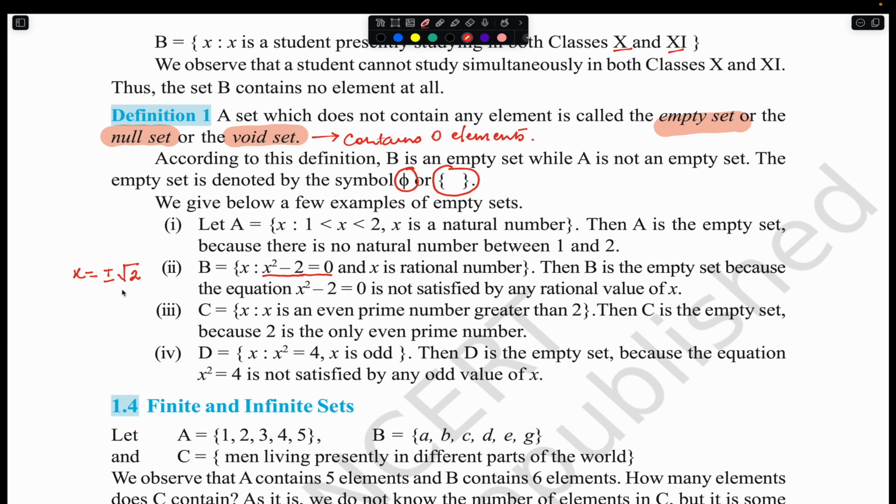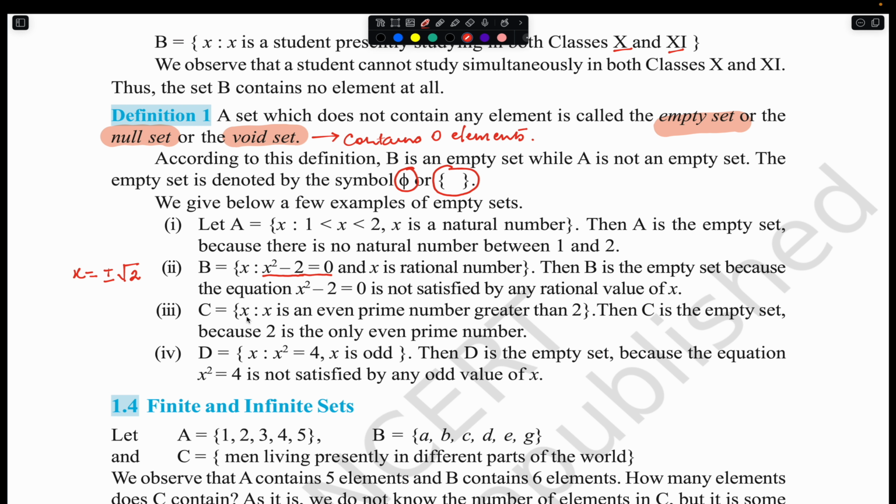Both of these are irrational quantities. So if we are trying to find a solution of this equation in rational numbers, there won't be any rational number which will satisfy this equation. So clearly, this is also going to be an empty set.